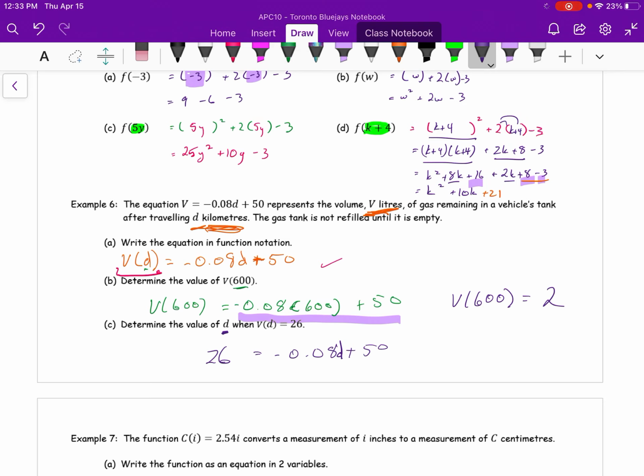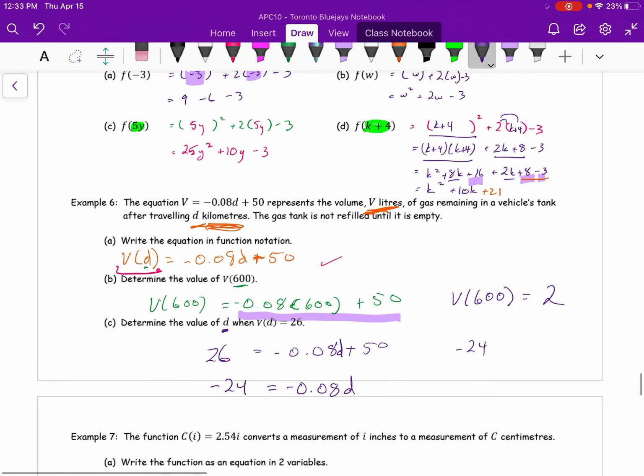So I'm going to subtract 50 from both sides. So we get negative 24 is equal to negative 0.08d. I'm going to divide both sides by negative 0.08, and that will give me my d. Negative 24 divided by negative 0.08, this is going to be equal to 300. So in the context of the question, I've driven 300 kilometers.